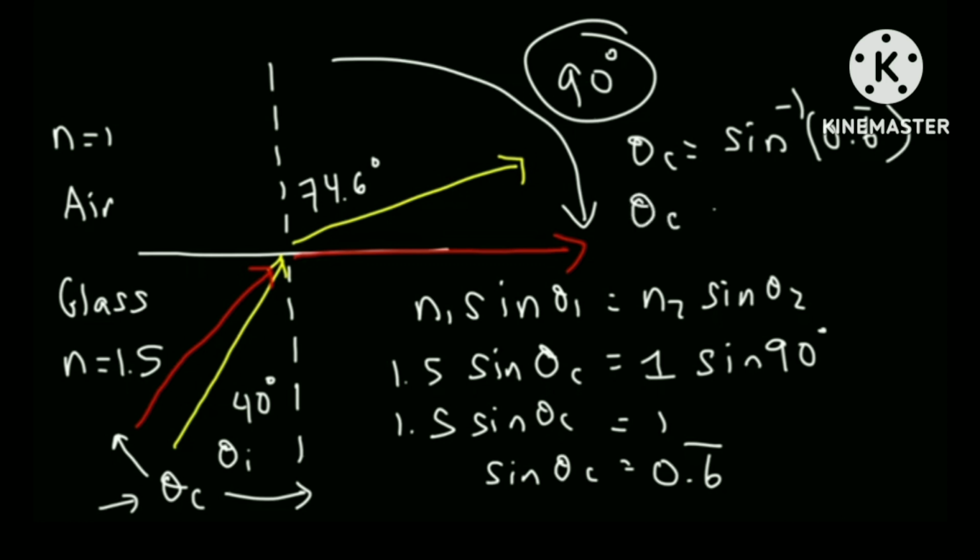So in this example, the critical angle is 41.8 degrees. If you choose an angle that's greater than this number, total internal reflection will occur. But if you make the incident angle equal to the critical angle, then the refracted ray will travel along the boundary between air and glass, which is an interesting phenomenon to see.